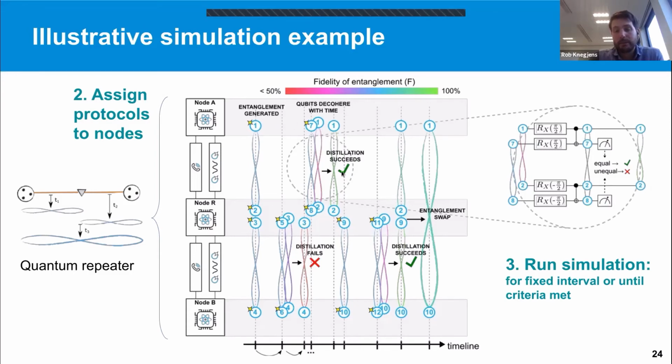But distillation succeeds, the circuit is applied, and now these qubits wait. And here below, it's the same scenario I sketched earlier, but now there's a failure, they start again, success. But what's critical here is that these qubits, which are sharing states, are continuously decohering. And so one interesting metric here is, what's the final fidelity of this swap?